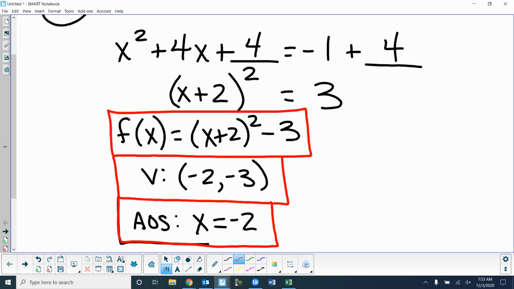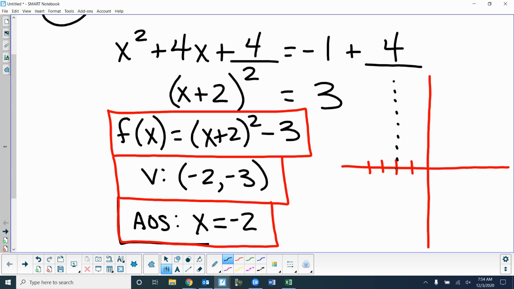Okay? So I'll make your y-axis and your x-axis. The axis of symmetry is at x equals -2. So draw a vertical line for your axis of symmetry. Your vertex is at -2, -3. So just make it blue. There's my vertex. I know it opens up because my a value is +1.